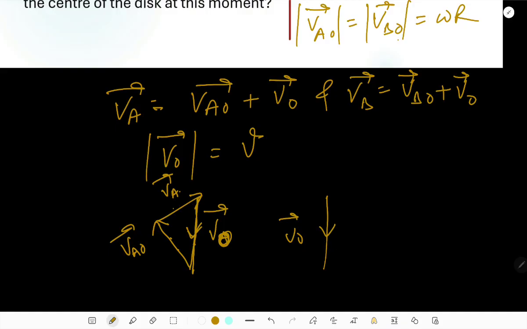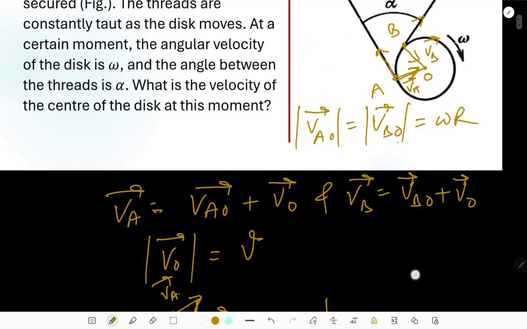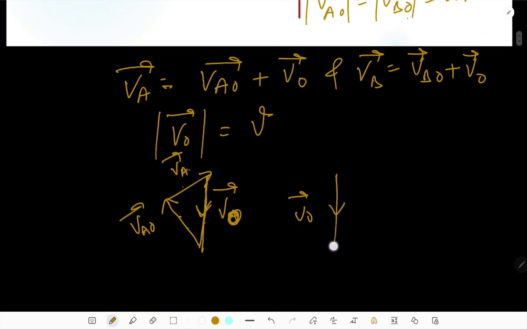I want to see the picture. The velocity of B with respect to O is in this direction, and the velocity of B must be perpendicular to the thread. These two velocities are perpendicular: one is along the radius and another is along the tangent.